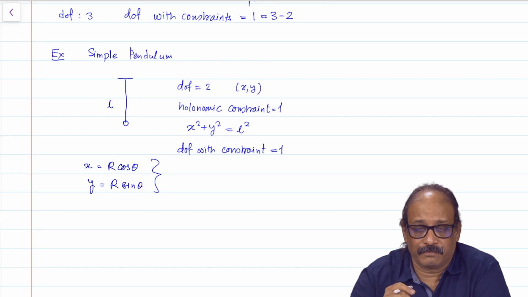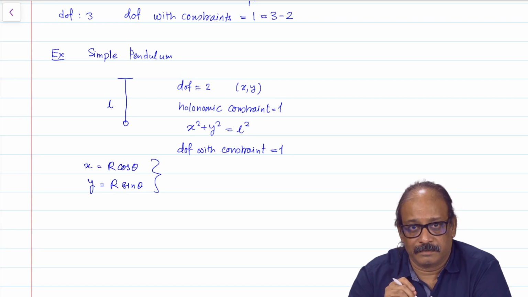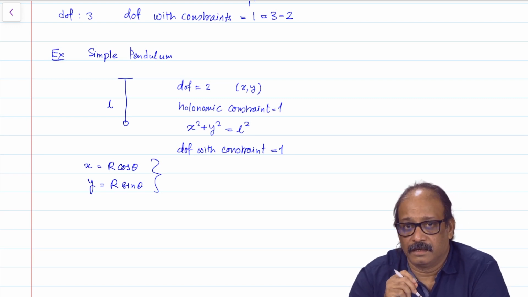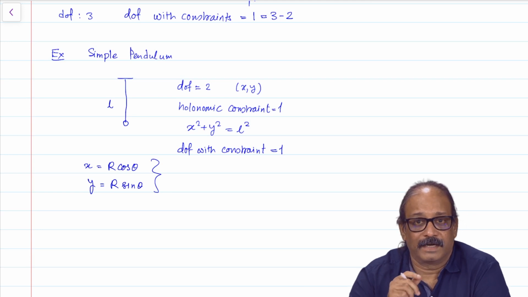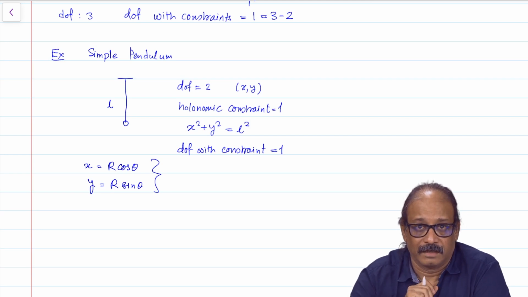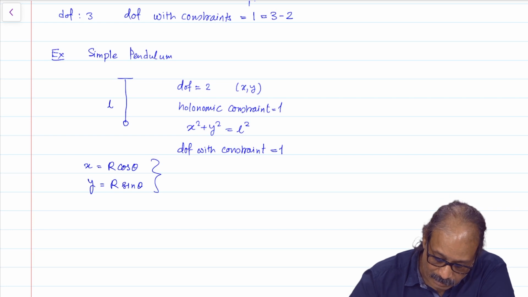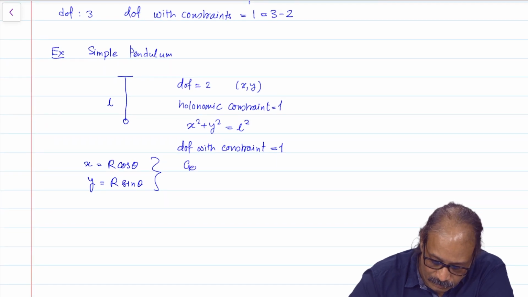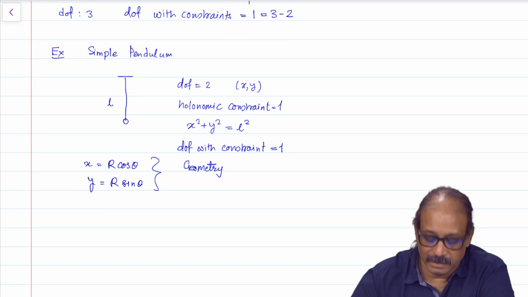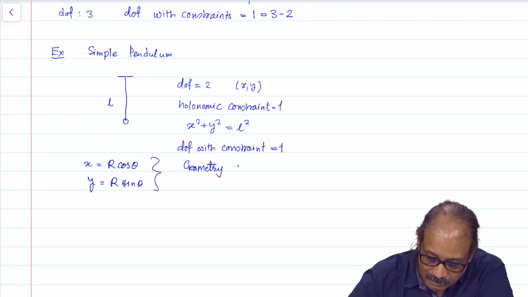But then the question we would ask is this: the manifold or the accessible surface here is one dimensional, but it is not like a straight line, it is like a circle. So, here another consideration that goes into the accessible configuration space is that the geometry is like a circle.